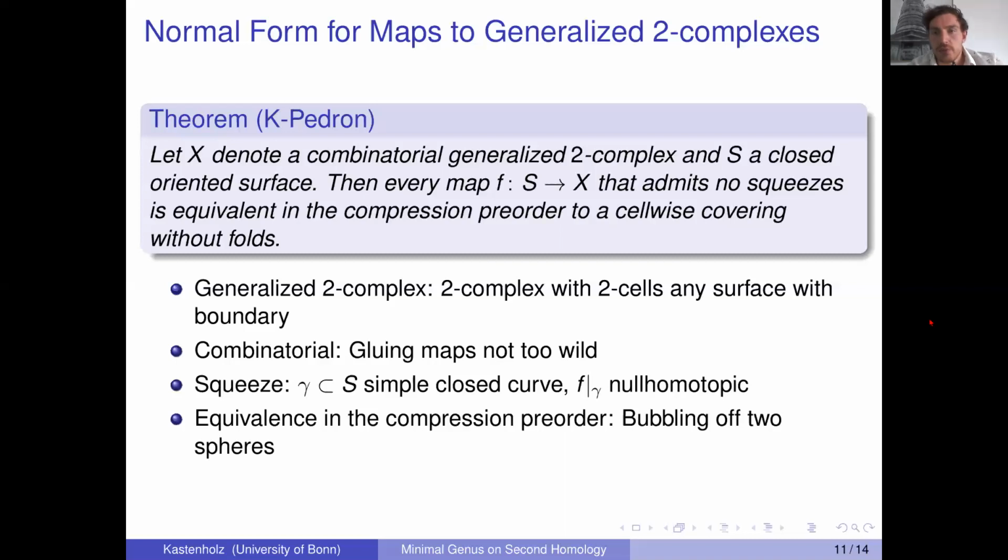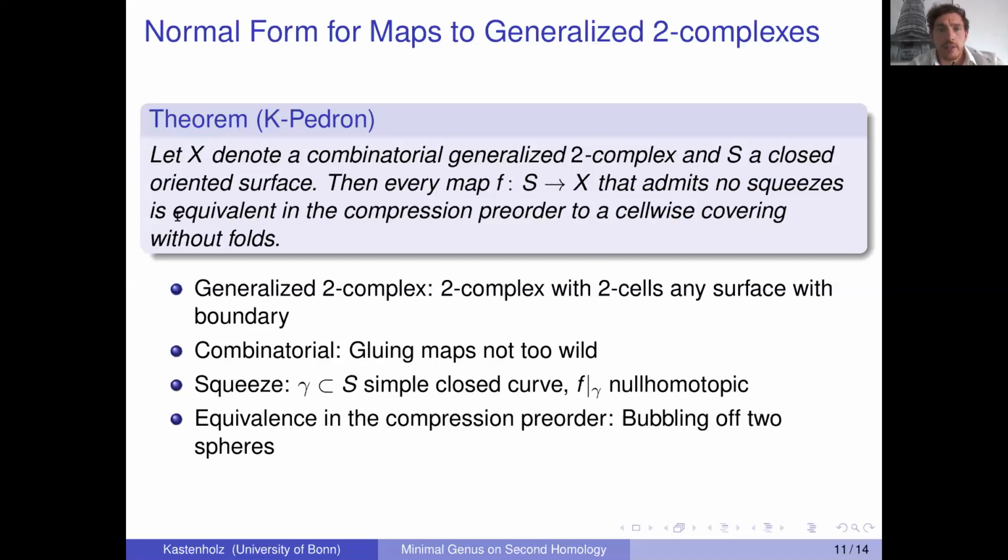In that case, we can perform a surgery along that curve to produce a new map from a surface to our space X, which has smaller genus and smaller chi minus, depending on whether the curve was separating or not, which still represents the same class. So in a sense, having a squeeze means that we're not really in the case of interesting maps.